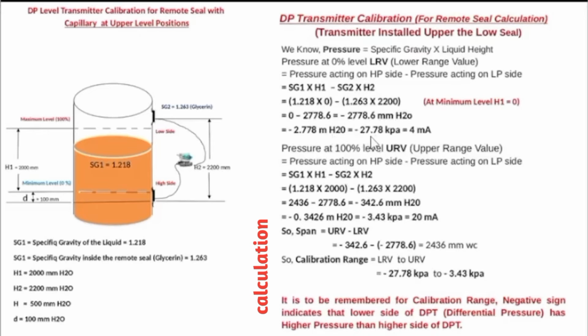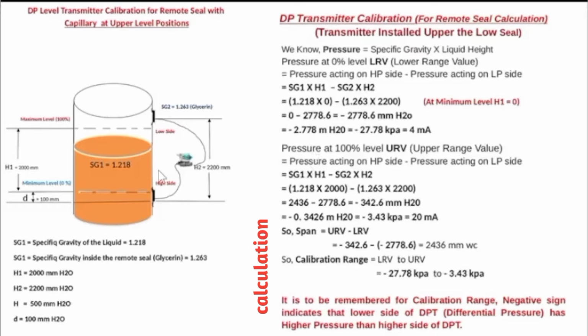That means we know 1 meter is equal to 10 kPa, so here it is 27.78 kPa. Now at this level, minus 27.78 kPa, we will get the 4 milliampere reading.